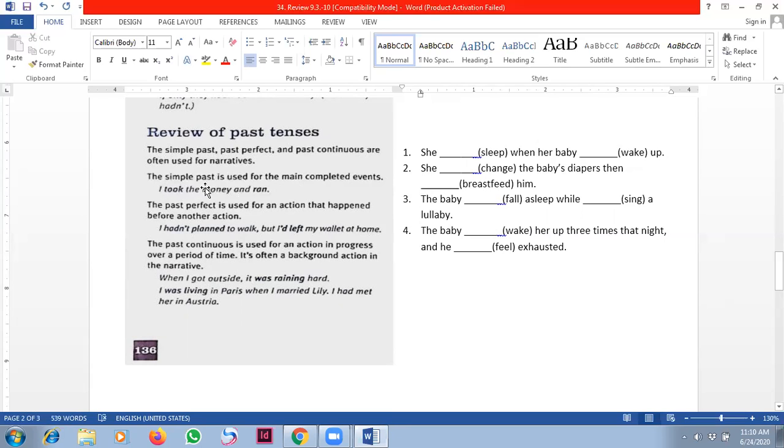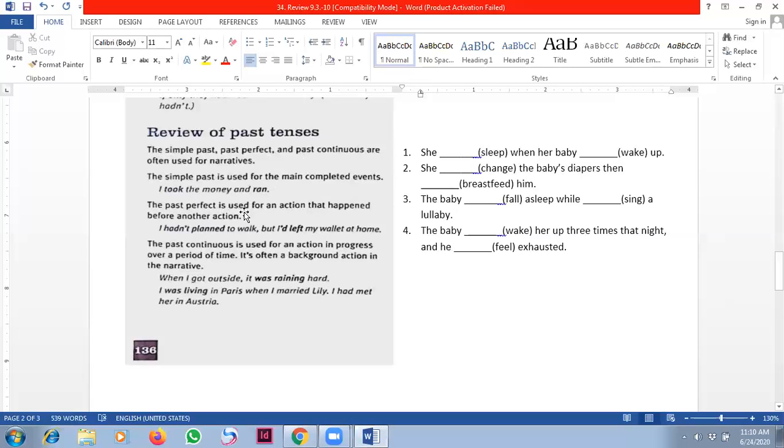Use all past tense. They are main completed events. But if you see there is an interruption, something is happening and then interrupted, then you use the past continuous. But if it is like 1, 2, 3, 4, that is all past simple.